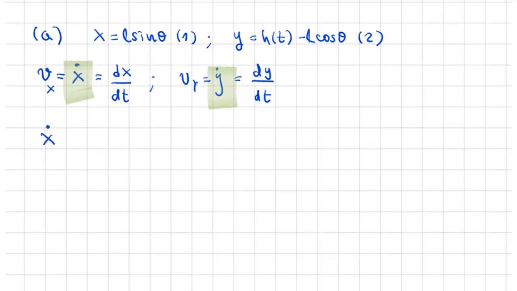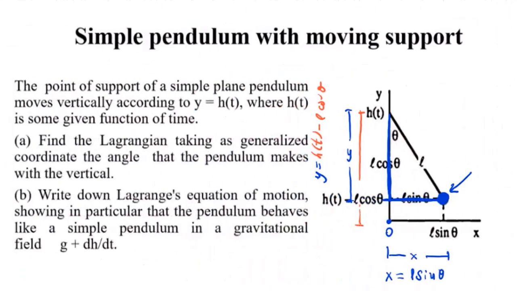We want to find the velocities, and we already have the Cartesian coordinates, so we take the derivative with respect to time of each coordinate. L is the length of the pendulum, as shown here, and it is constant.